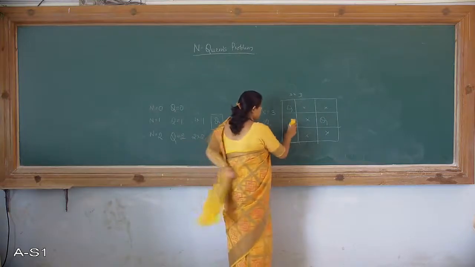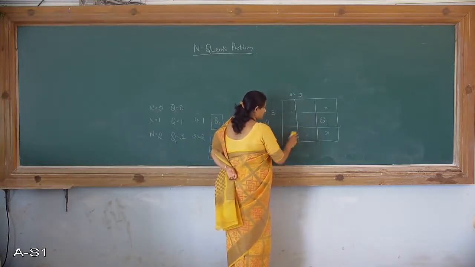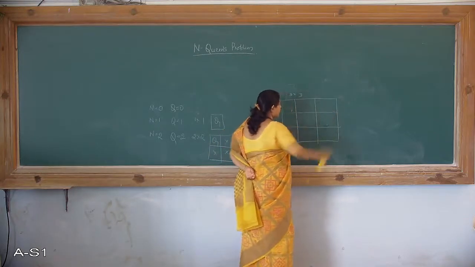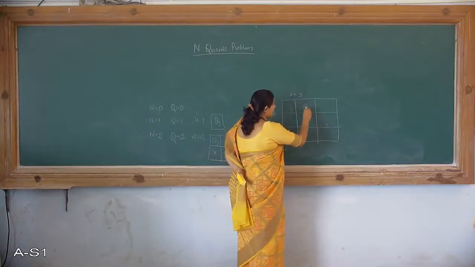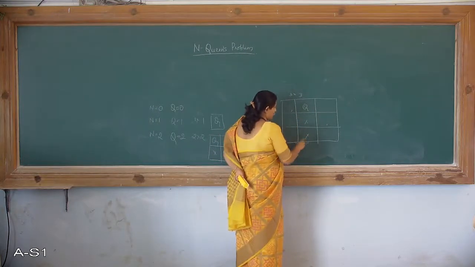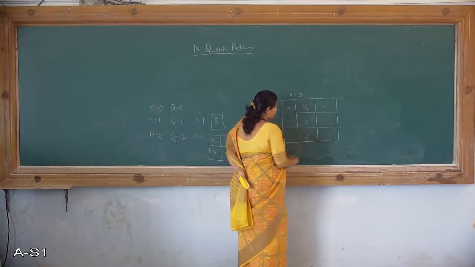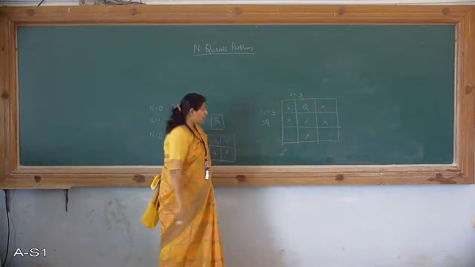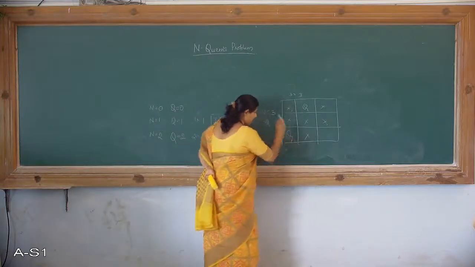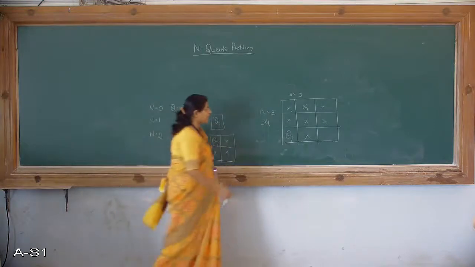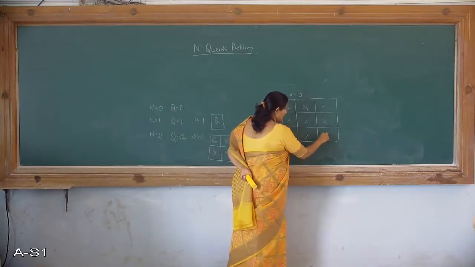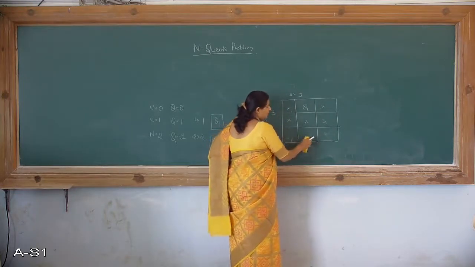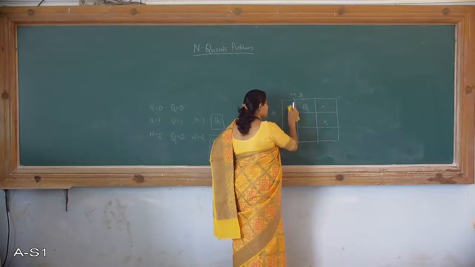Say if I don't place here, and I place my queen here, it means I cannot place here, I cannot place in this, and diagonally here no, and here no. I can only place it here. In that case, there is no place for my third queen.